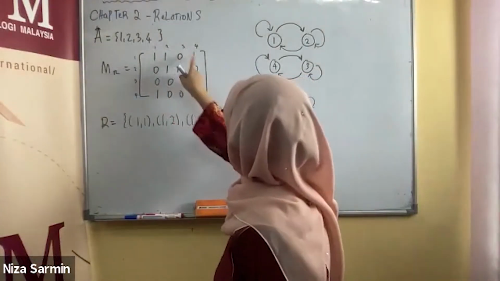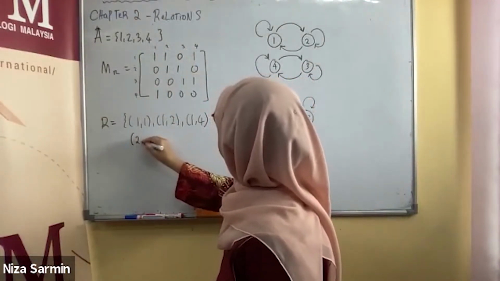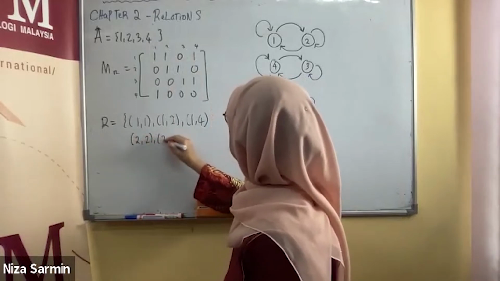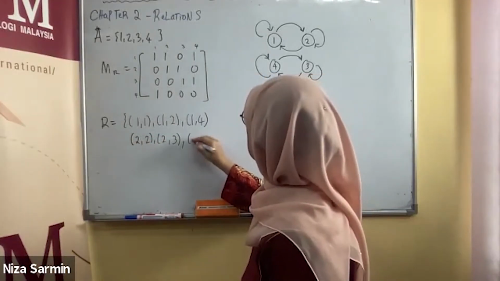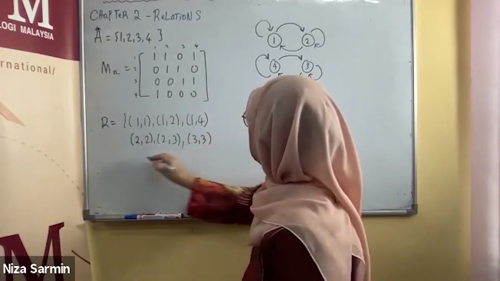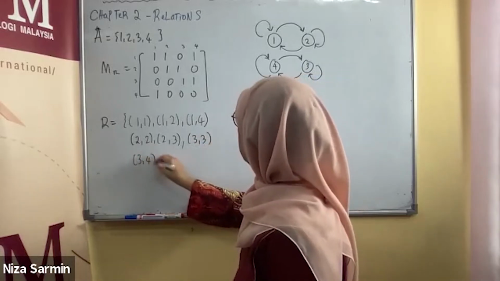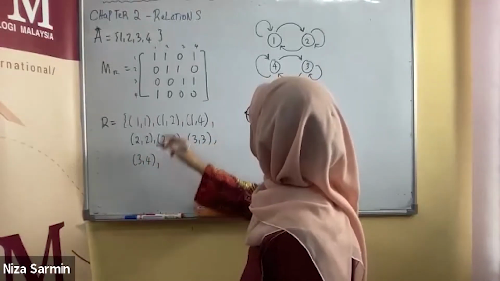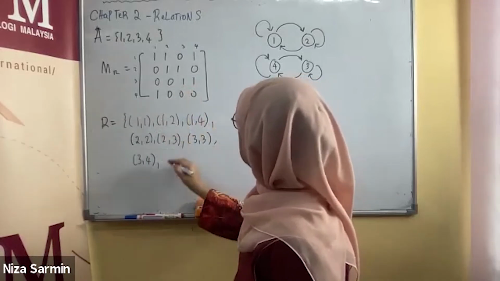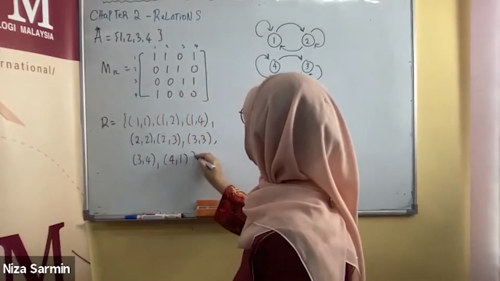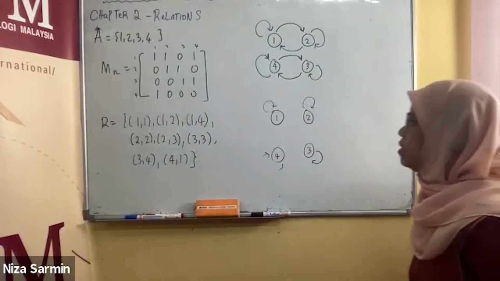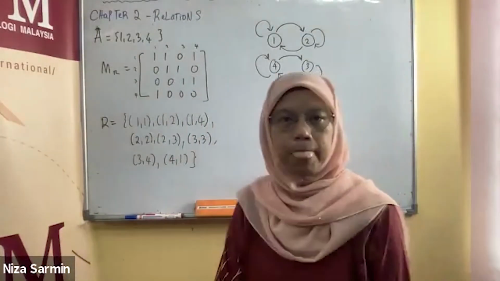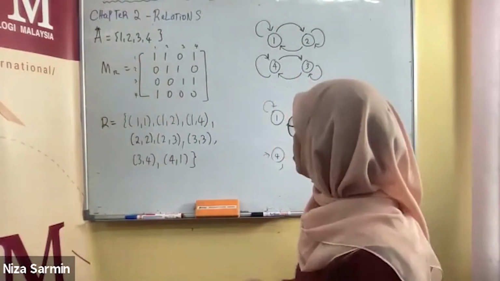Then 2, 2, 2, 3. Okay, and then 3, 3, 3, 4. And then 4, 1. 1, 2, 3, 4, 5, 6, 7, 8. Okay, you have 8 of them.